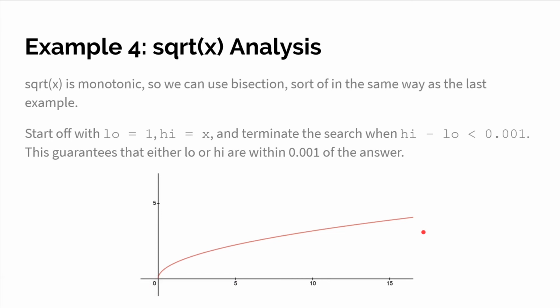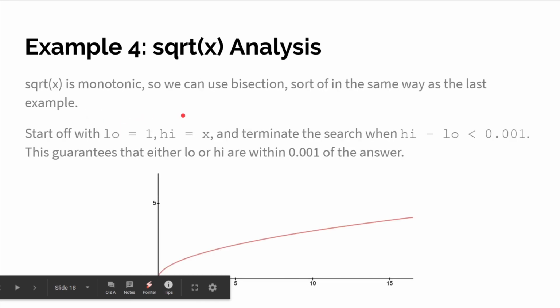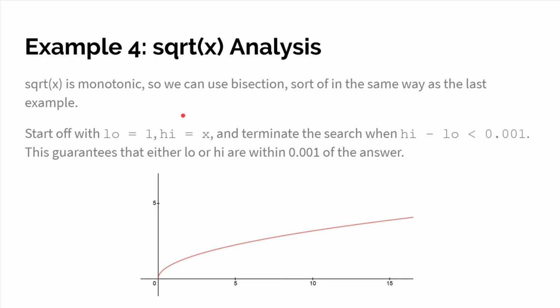So we just start off with low equals 1, high equals x, because we know that the square root of x can't be greater than x if x is greater than 1. And we terminate the search when high minus low is less than or equal to 0.001.